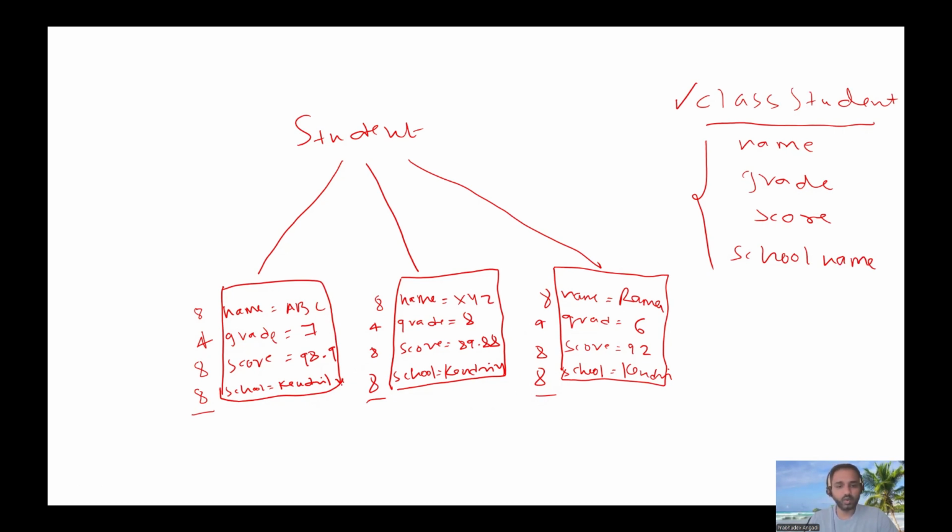Instead of adding this school name in each object, can I keep this school name in my class memory? If I keep this school name in my class memory as Kendriya Vidyalaya, then I don't have to define the school names here. I don't have to define this here, right? So it means I am saving 8 bytes of memory in each object.